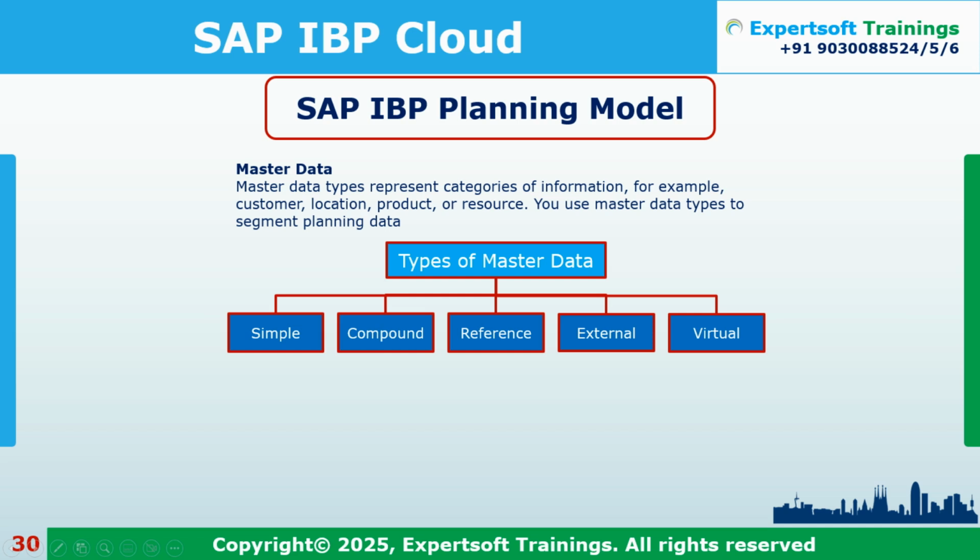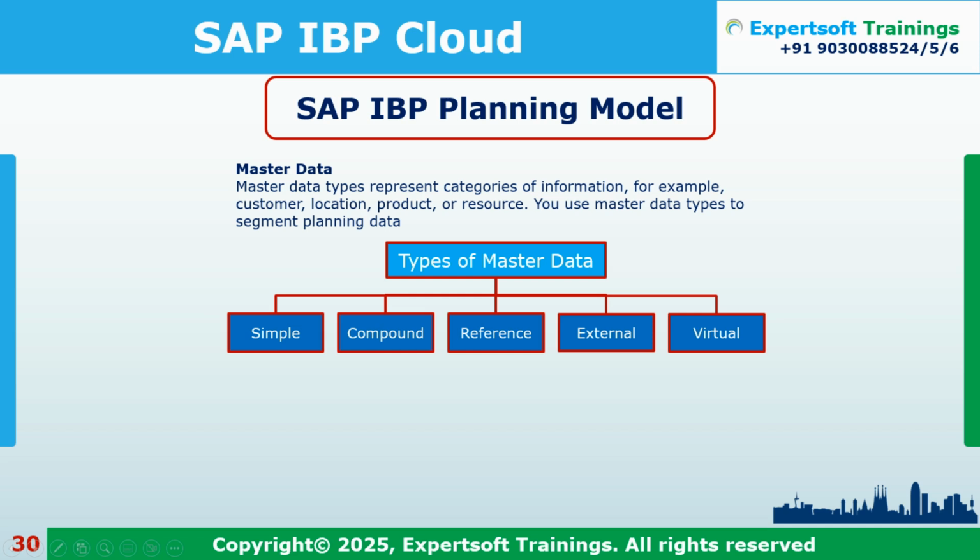Not exactly two: whatever key attributes you have in the simple master data, the same key attributes have to be there in the compound. But in the virtual, it's not mandatory to have key attributes. You can have them or you may not. That's the key difference between compound and virtual.